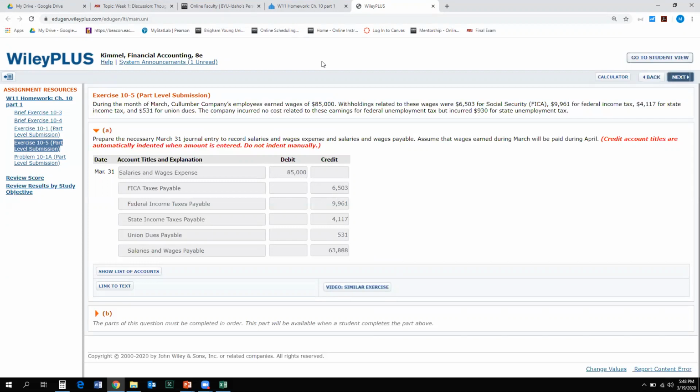And so the first line, you put salaries and wages expense, which is the total that they earned, the 78,000. And then it's broken down by all the FICA payable and federal income tax payable, state income tax payable, union dues payable. And then the last one that it lists is state unemployment taxes payable for 853. And I put that in there and it says, no, we're sorry, we listed that, but that's wrong.